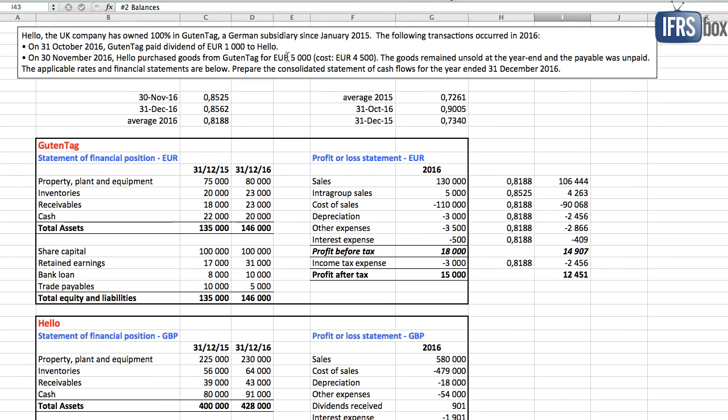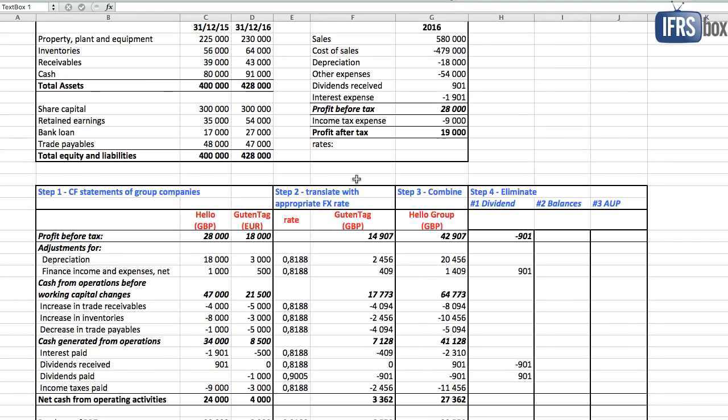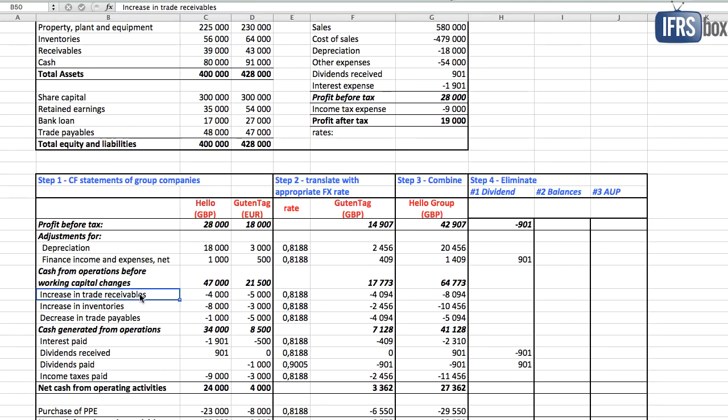Then we eliminate Guten Tag's receivable with Hello's payable. If you make cash flows with the direct method, then this specific item is not necessary, but under the indirect method, yes, you need to do it. So how do we eliminate? Subsidiary Guten Tag has a receivable of 5,000 euro from the parent, and this affected the increase of trade receivables line.